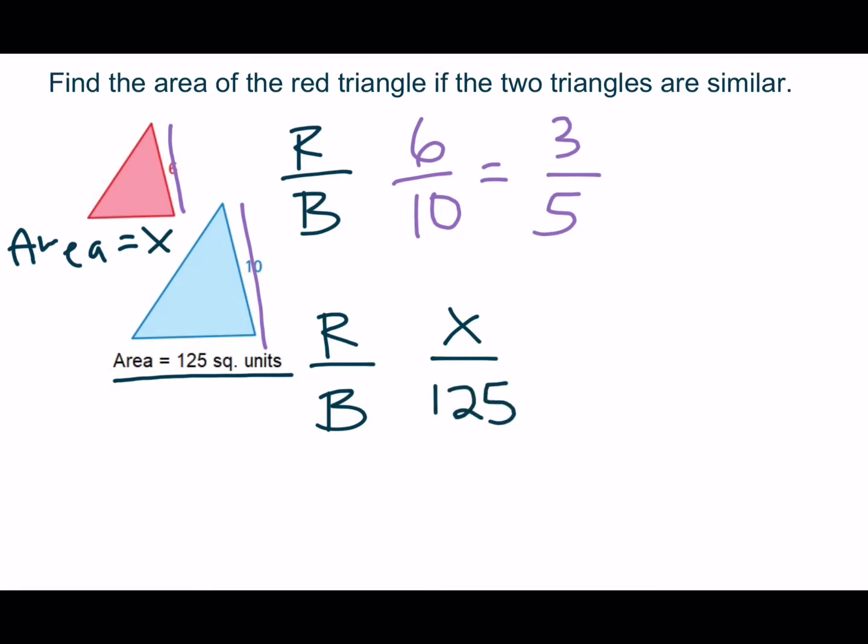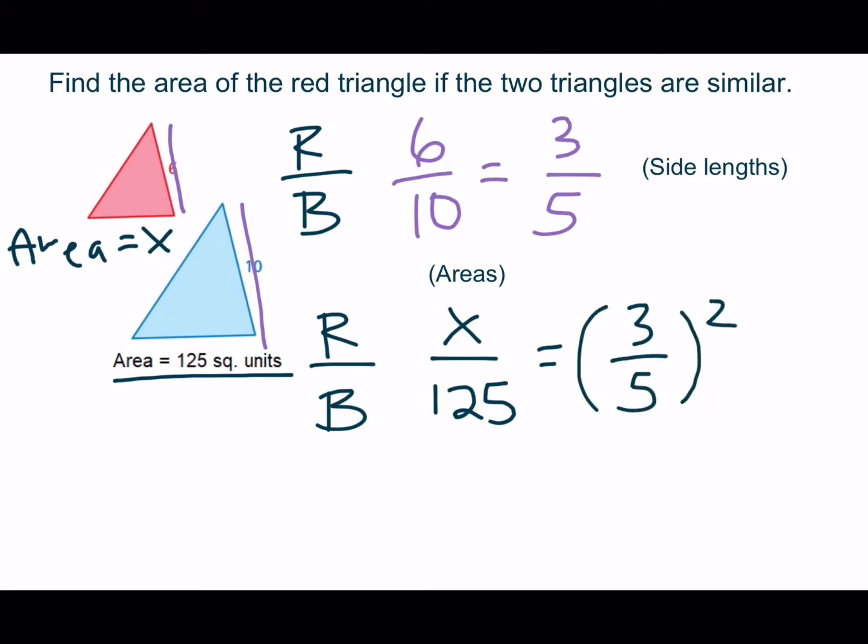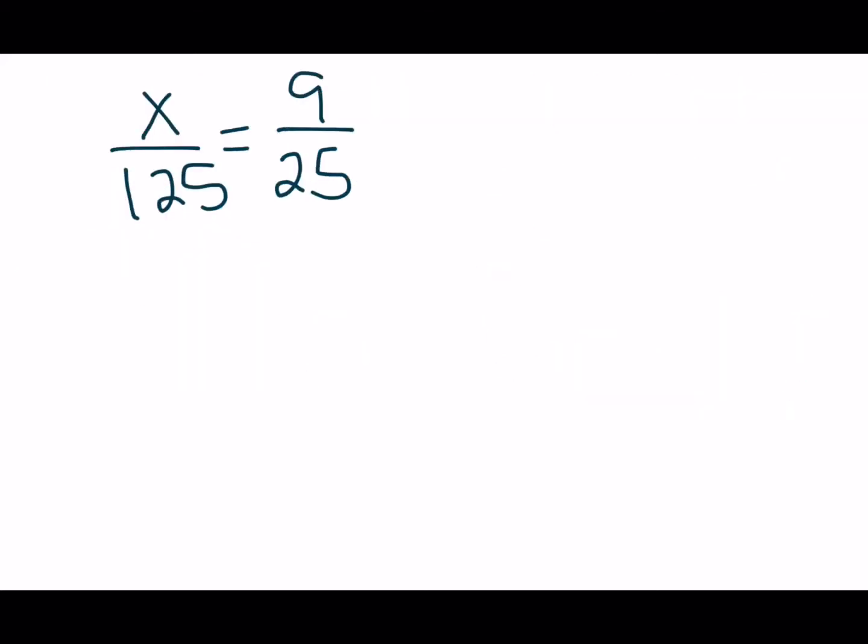And we know that the ratio of the areas is equal to the square of the ratio of the corresponding side lengths. So to set up the proportion, we would do x over 125 equals 3 over 5 squared, which equals 9 over 25. So I will just rewrite this so it's cleaner, and then we will solve the proportion.